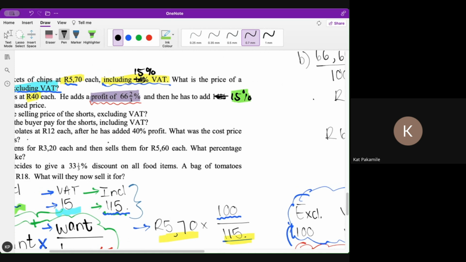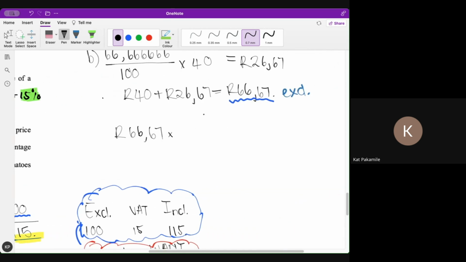The price including VAT. So what I want over what I have. What do I want at the top? Nice, Slendile. We want the including. We want 115 over what do we have? We have the 100.